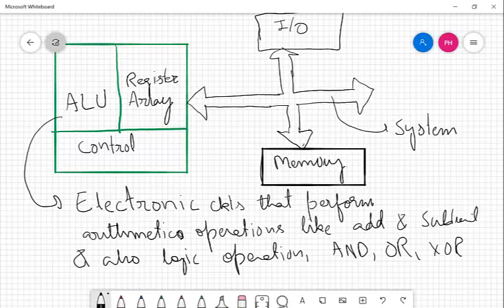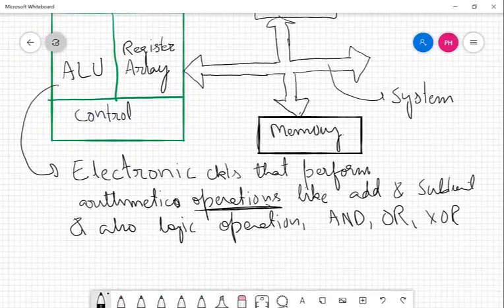They simply store some of the intermediate data during the processing, or during operations like addition and subtraction. And then there's a control unit. The control unit provides the necessary timing and control signals to all the operations inside this processor. It controls the flow of the data between the processor and memory, and also between the processor and peripherals.